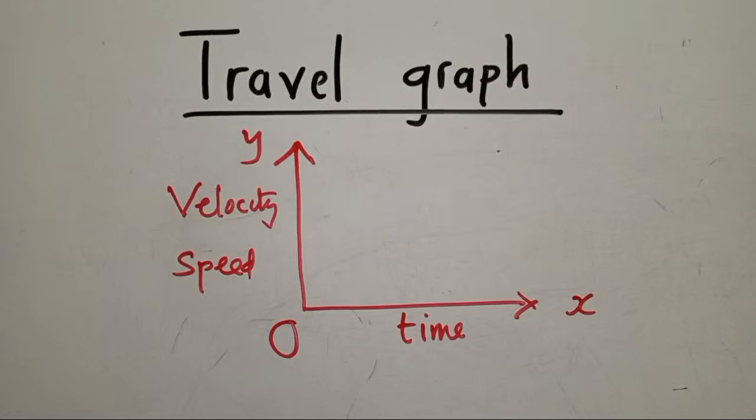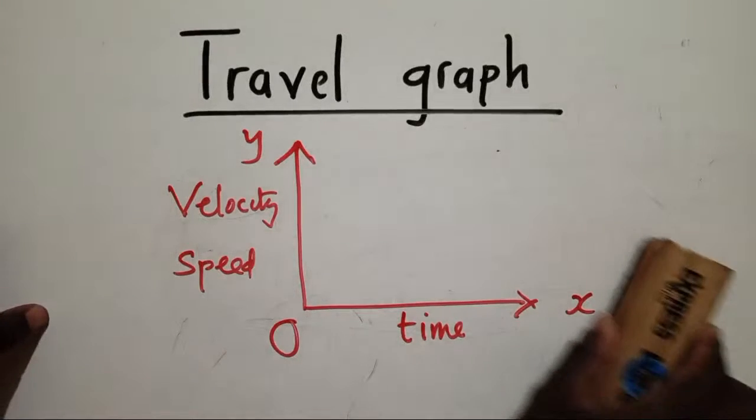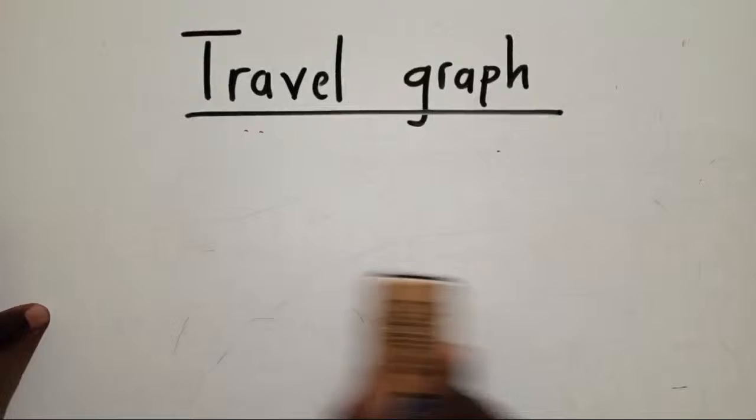And this is where the name comes from of what you're dealing with. If it's velocity, they will say velocity-time graph. If it's speed, speed-time graph. Okay. So now we're done with this.